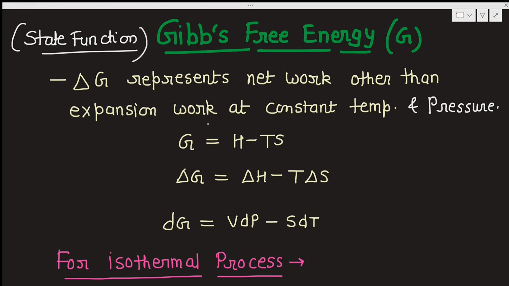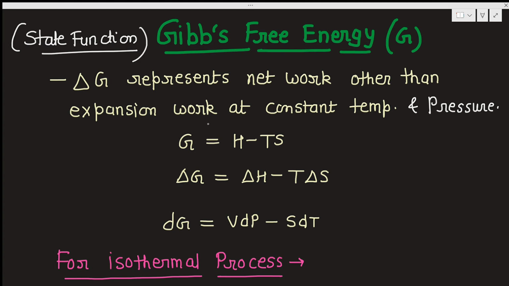You find the difference between the initial and final state. Here minus del G represents the net work other than the expansion work at constant temperature and pressure, and it is given by G is equal to H minus TS.